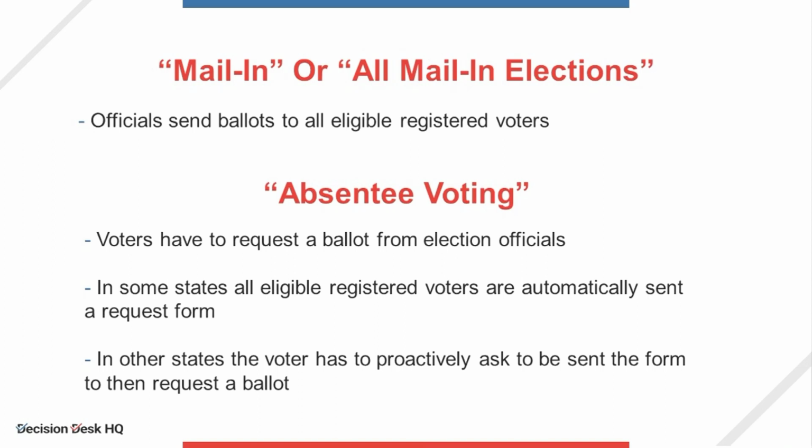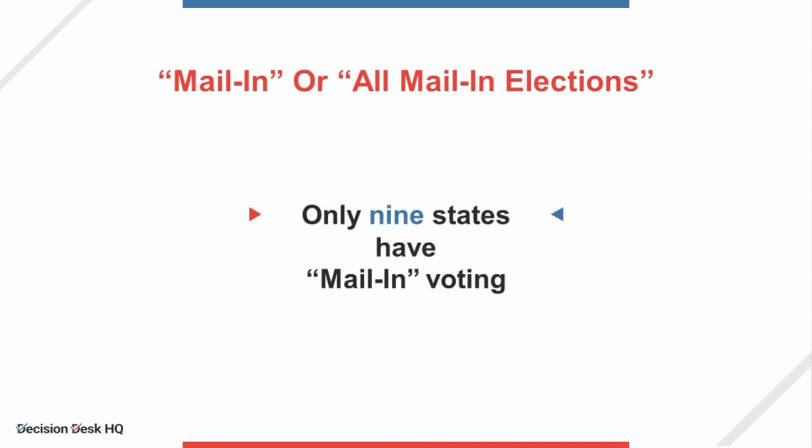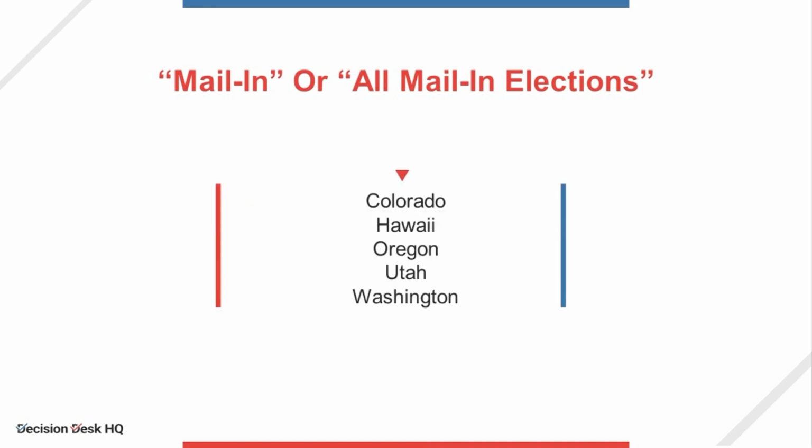Now, if that's an accurate description, and I believe it is, of what people are talking about when they say mail-in or all mail-in elections versus absentee voting, then I think we have to understand the scale of them. Mail-in voting, where the election officials send a ballot to all registered voters, is happening in 9 states and the District of Columbia this year. Of those 9, 5 of them actually had the system prior to COVID.